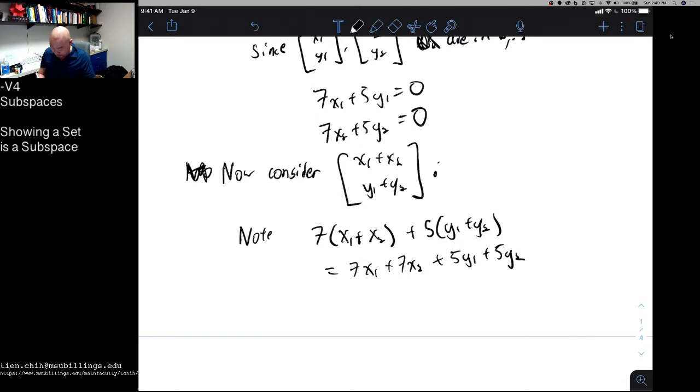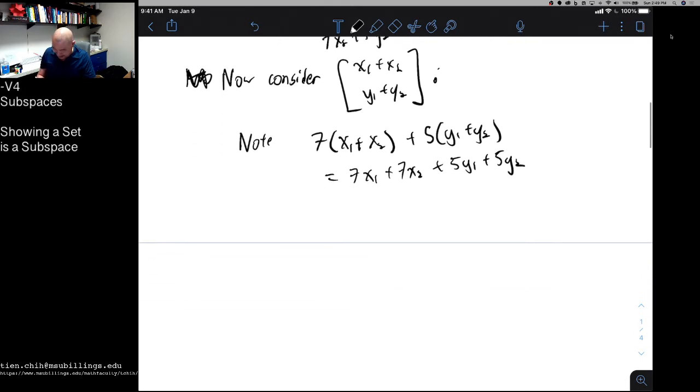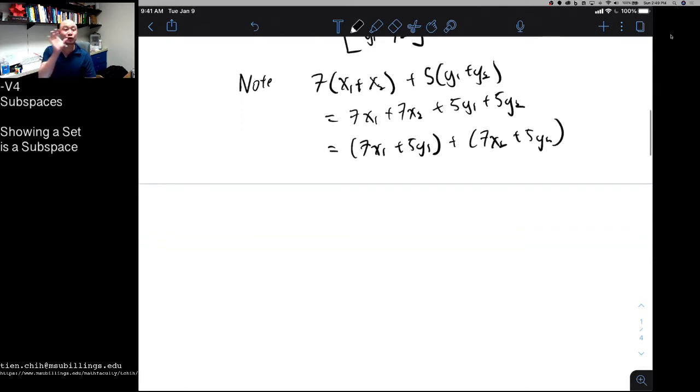And what I also know is that I can rewrite this grouping the ones and the twos together.